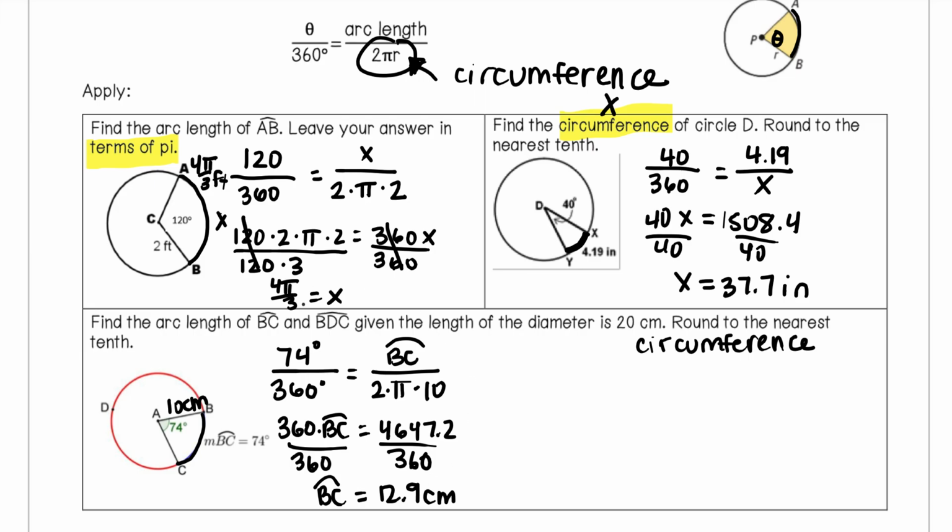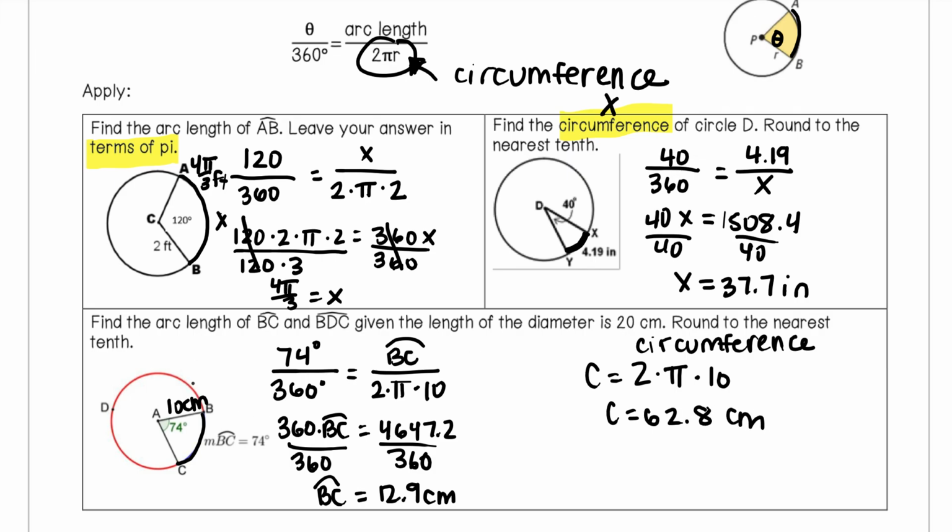So now in order to find my arc BDC, I could replace the 74 with the difference of 360 and 74 and then just solve a new proportion. Or we can find the whole circumference, which is what I'm going to do here. Circumference comes from 2 pi r, so 2 times pi times 10. My circumference is about 62.8 centimeters.